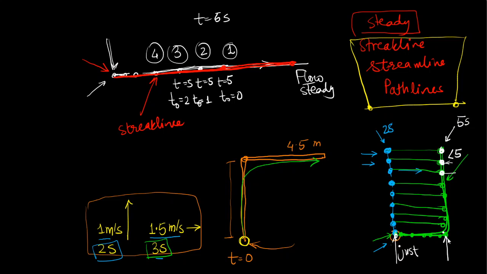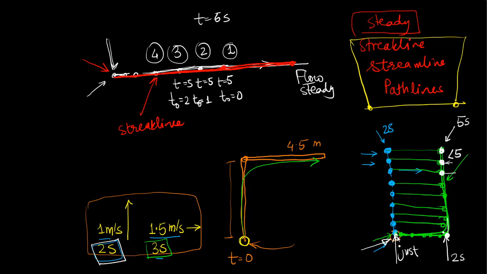That particular particle had entered into the domain at t equal to 2 seconds. This particle, which is at the same level as the point of injection, after which all the particles are at a different y location, would have been injected 2 seconds after the first injection, that is, 3 seconds before this particle was injected.